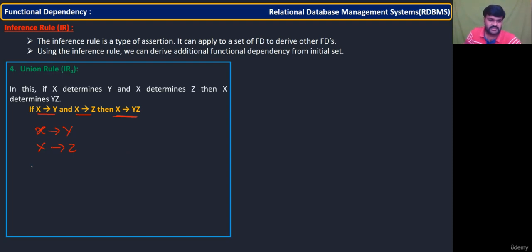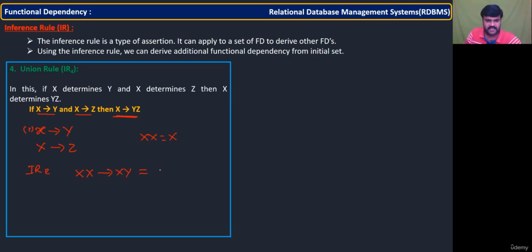By using inference rule 2, we add X on both sides for the first one. X is always going to remain X only. So X determines XY.